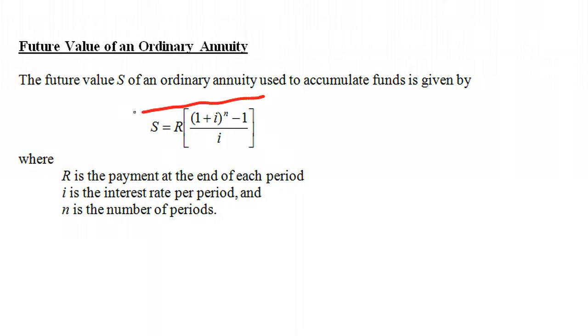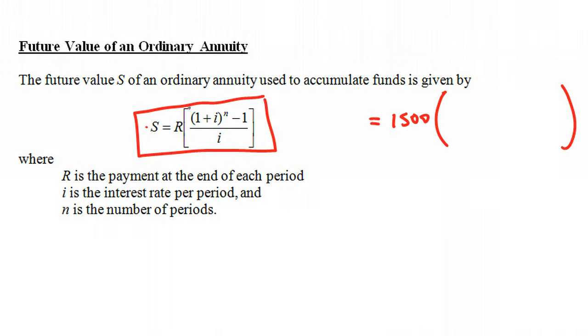Well, notice, is this essentially the same thing as what we had up above? Remember, didn't we have that the future value was equal to 1,500, the R, times, and there's no difference between brackets and parentheses, they're essentially the same thing. But didn't I have 1.08? That was 1 plus the i to the 6th power. So that's 1 plus i to the 6th, and we had a minus 1.